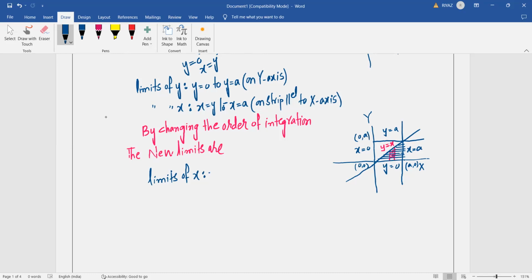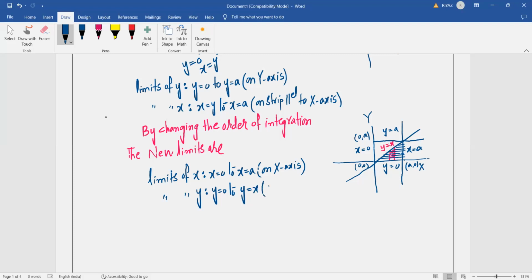Limits of x: x is equal to 0 to x is equal to a, on the x-axis. First write the constant limits, then the complicated limits. Limits of y: y is equal to 0 to y is equal to x.